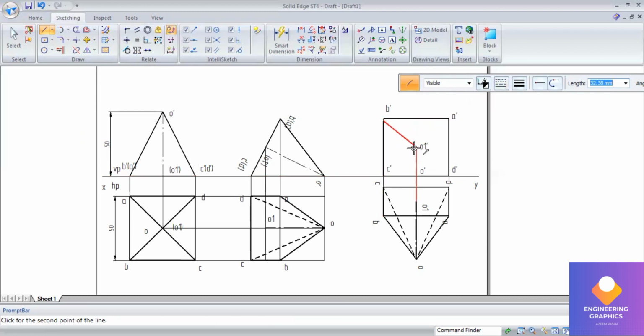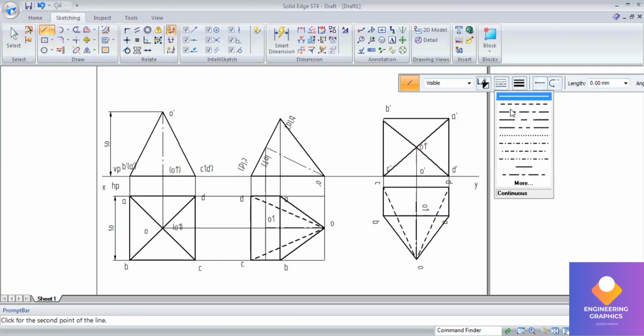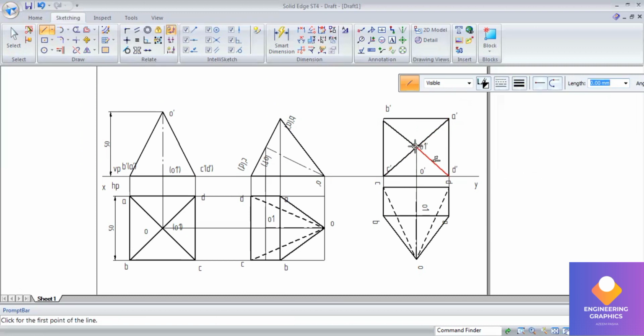Now I will be constructing the slant edges. Okay, so this completes the problem.